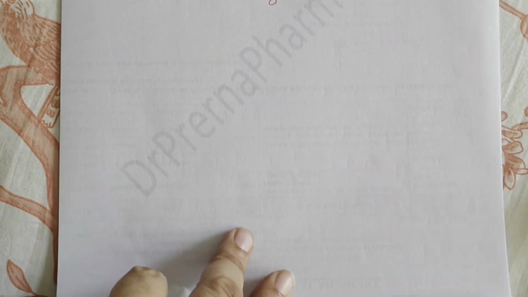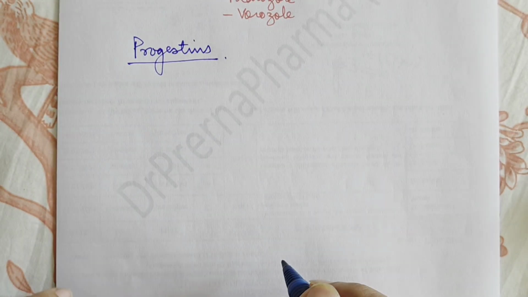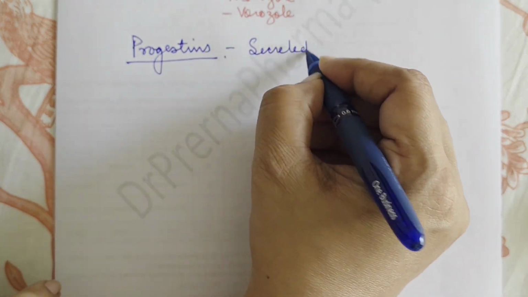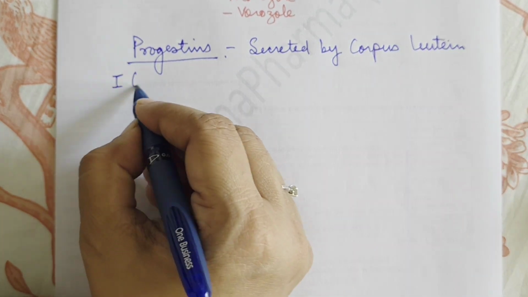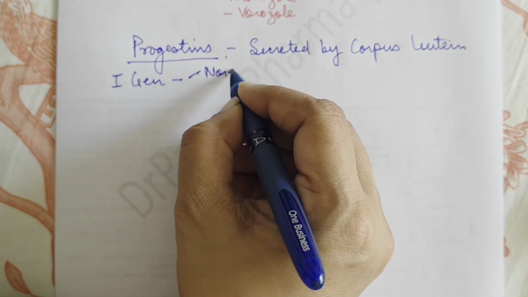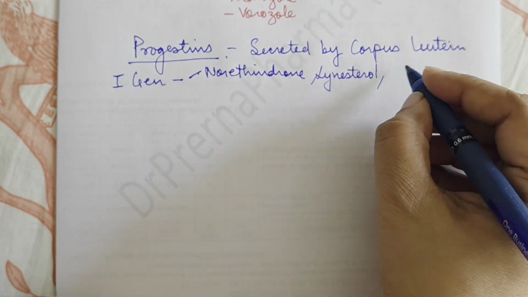Next we have progestins. Now progestins or progesterones are secreted endogenously by the corpus luteum, right? First generation includes norethindrone and lynestrenol.